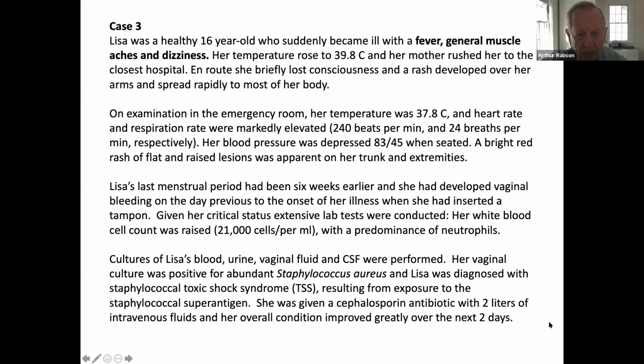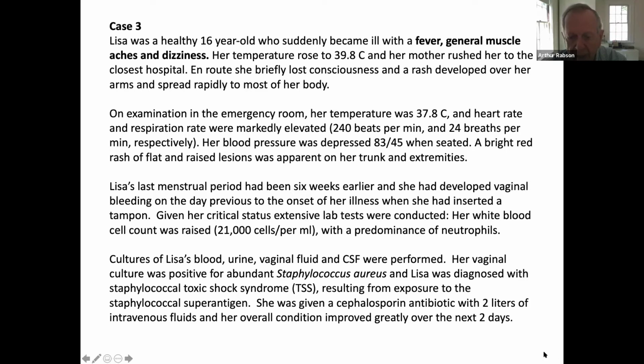Given her critical status, extensive lab tests were conducted. Her white blood cell count was raised with a predominance of neutrophils. And cultures of her blood, urine, vaginal fluid, and CSF were performed. The vaginal culture was positive for abundant Staphylococcus aureus.